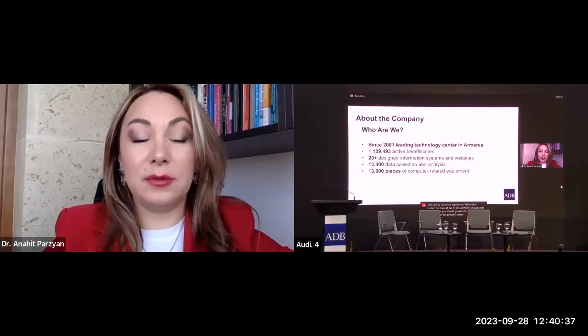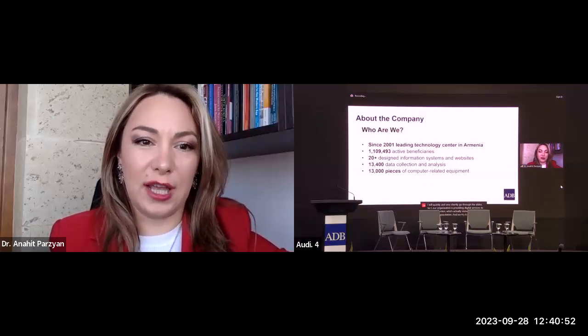Okay, very nice. So I will quickly and very shortly go through the slides. Our organization is providing digital services to social protection, which actually includes more than 75% of the population. And we try to make the digital transformation in social protection as a single approach.